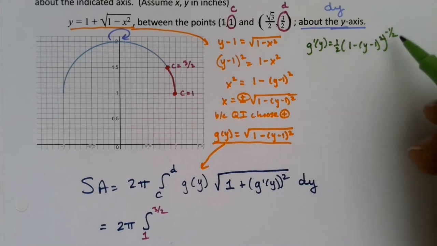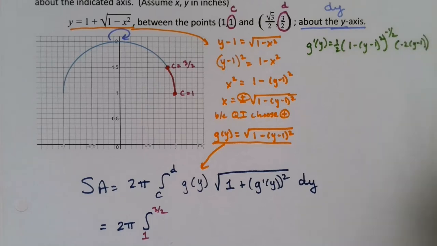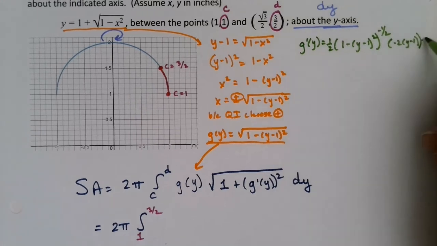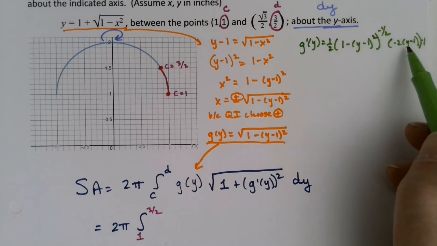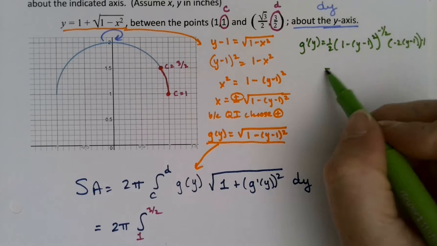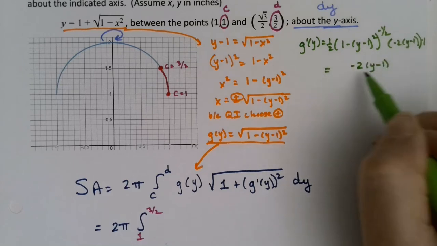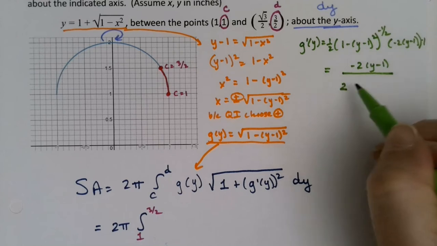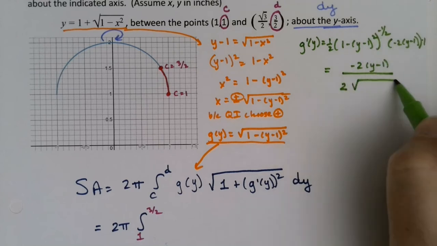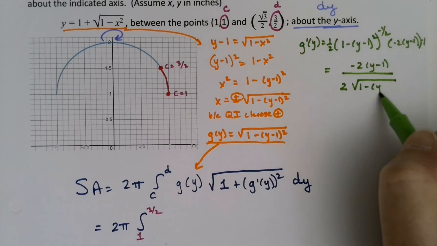And then we'll have negative 2 times y minus 1. Technically times 1, but it's irrelevant because the derivative of the y minus 1 part is 1. Rewriting that, that's negative 2 times y minus 1 in the numerator over 2, and then a square root of 1 minus y minus 1 squared.